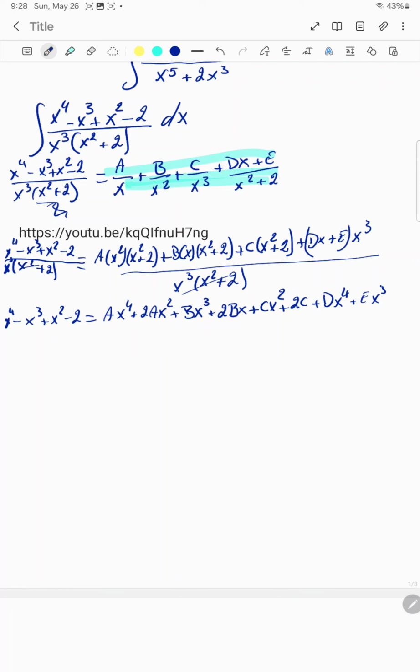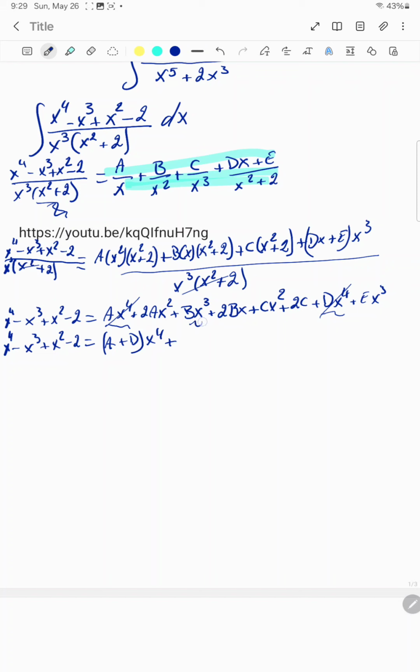Now let's factor out the terms with the same variable. So let's write x to the power of 4 minus x to the power of 3 plus x to the power of 2 minus 2 is equal to: I have a and d with x to the power of 4, so it becomes a plus d times x to the power of 4. Then I want to factor x to the power of 3.